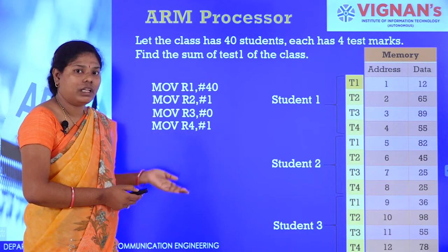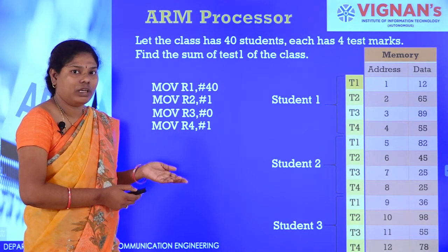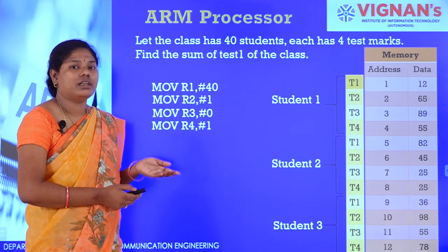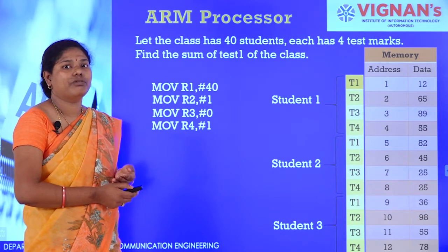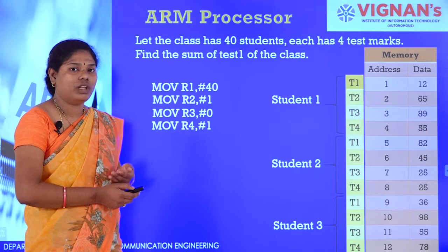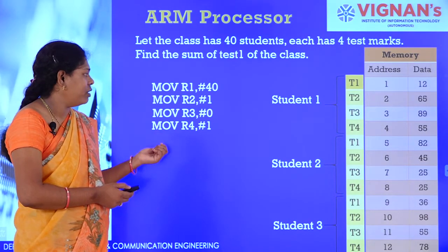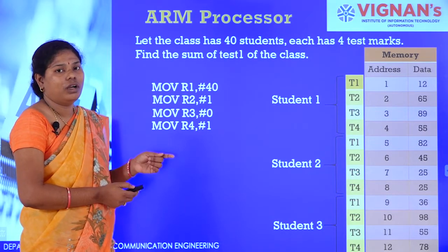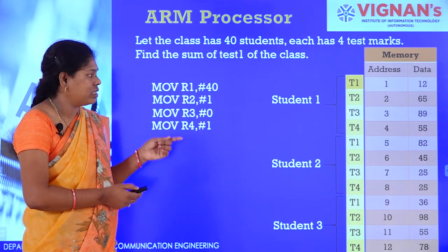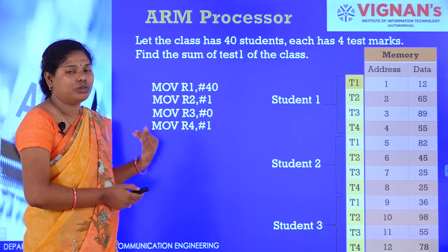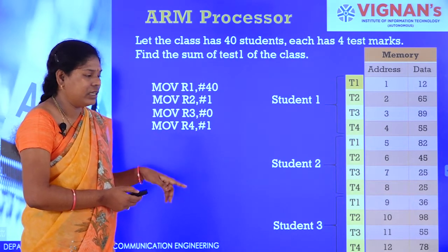Okay, already we have seen in indexed addressing mode, if we use logical shift left with hash 2, it will be multiplied by 4 and that will be added to the corresponding register. So, here the 1 will be added to the 4, that is it will be 5. Next, the 5 will be added to 4 and it will get 9 like that.